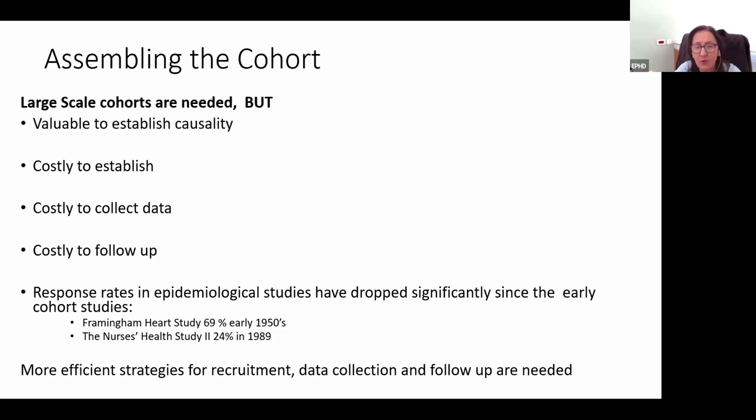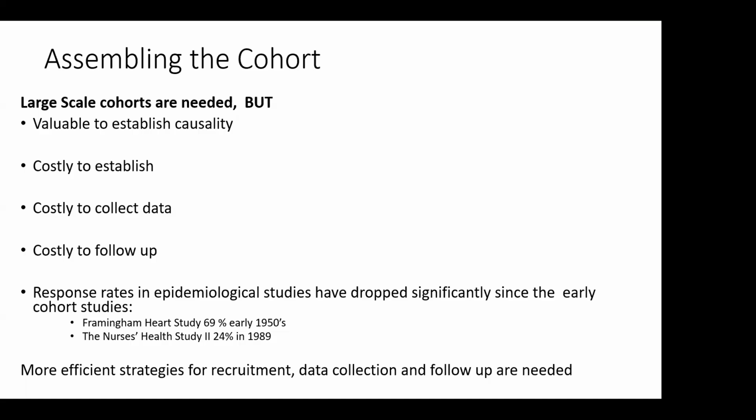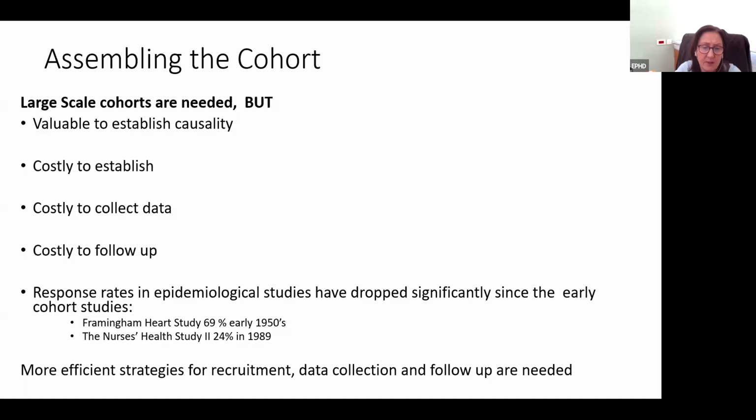But if you knock on the door and people keep refusing, and then you knock on another one, what would happen? This causes a bias. It causes selection bias. So you might end up with a cohort that does not look like the population from where you have selected it.